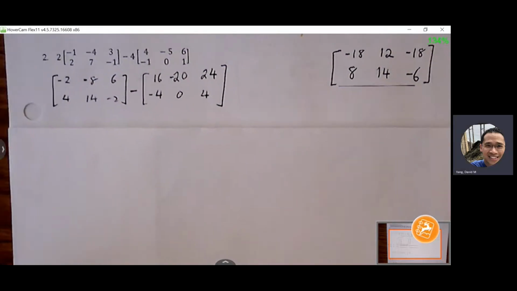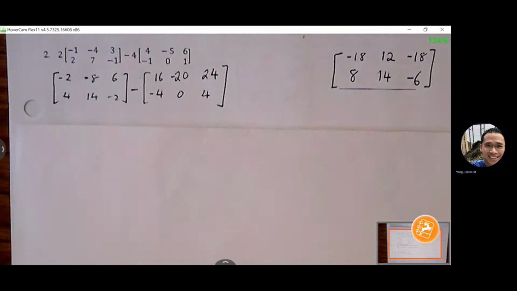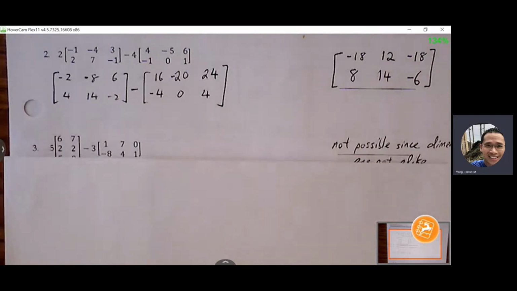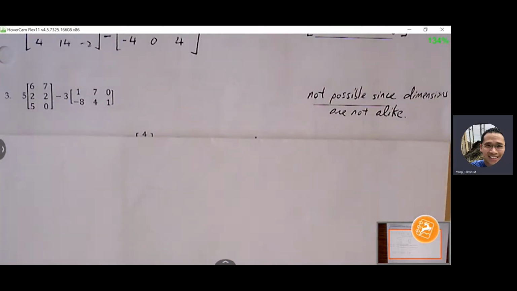Okay, what's wrong with 3? Yeah, dimensions are not the same. You can multiply two matrices that are not the same dimensions as long as the inner dimensions are the same, but with addition subtraction, it's very straightforward. It's got to match exactly with the same dimensions.